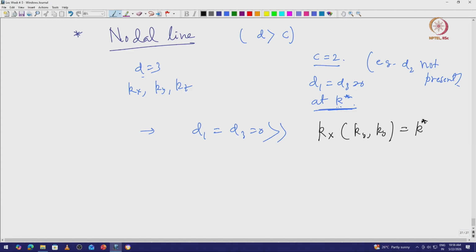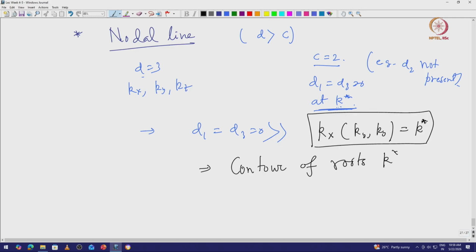Actually it does not have to be 0. So that means it will give a constraint on these 3 variables to make an equation for one variable in terms of the others. So what I am saying, in layman's terms, is that we will have a contour of roots, and that contour is called a nodal line or loop.